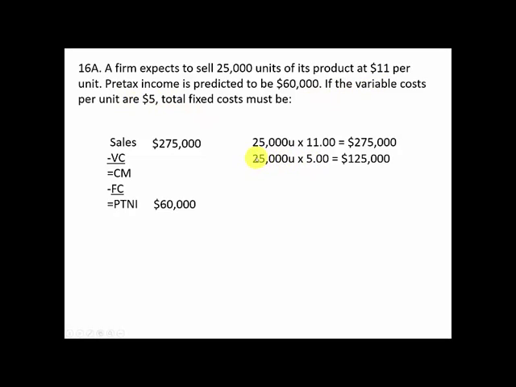So $5 times the 25,000 units gives us $125,000 as total variable costs. Now the difference between sales and variable cost will be contribution margin. And the difference between the contribution margin and pre-tax net income is what we're looking for, which is fixed costs, which are $90,000.